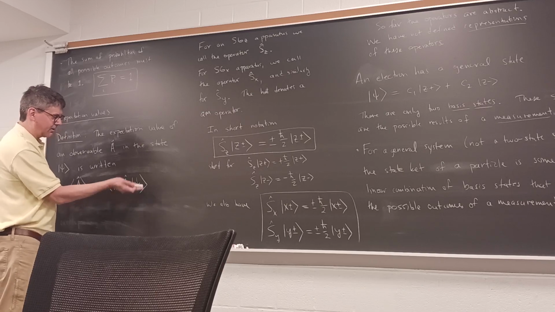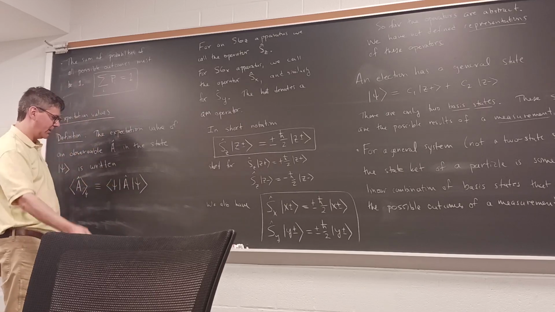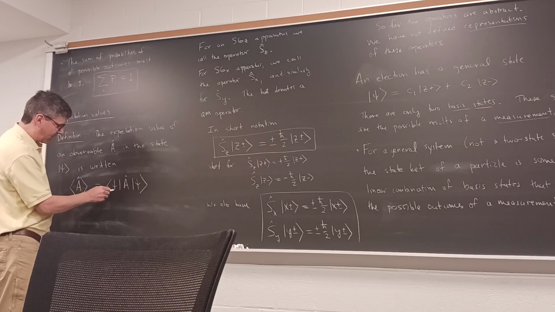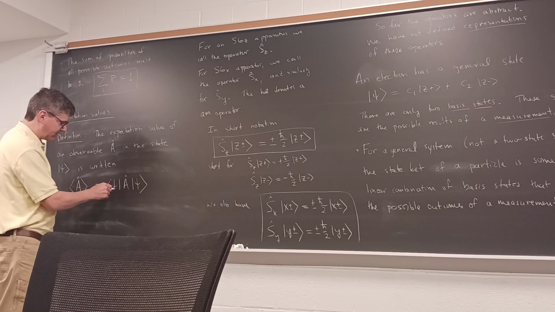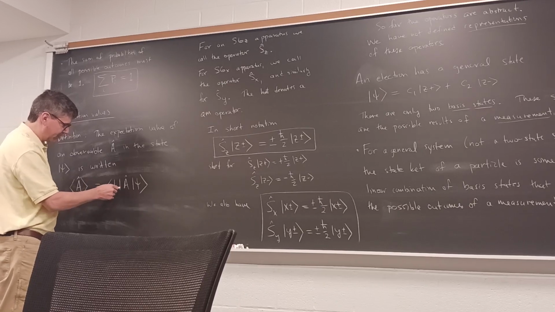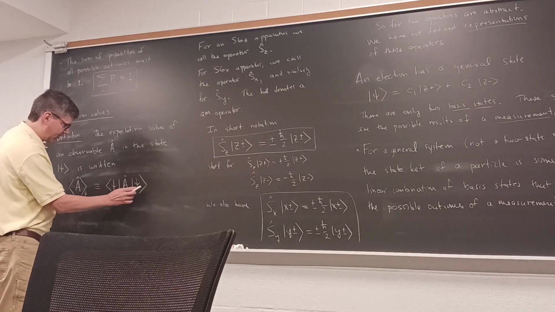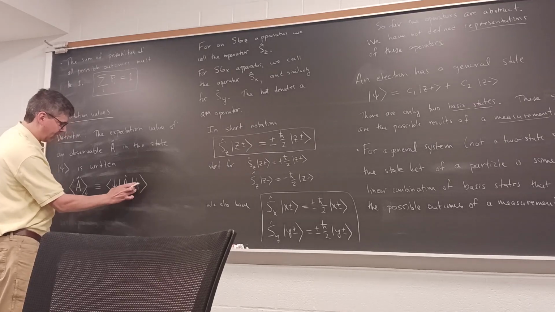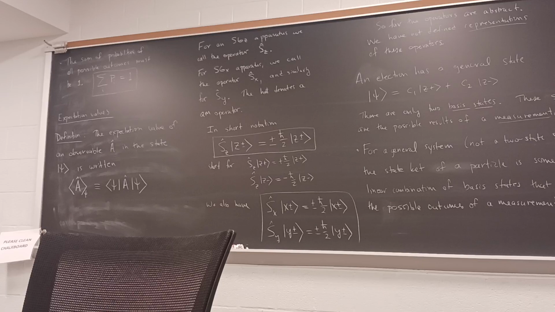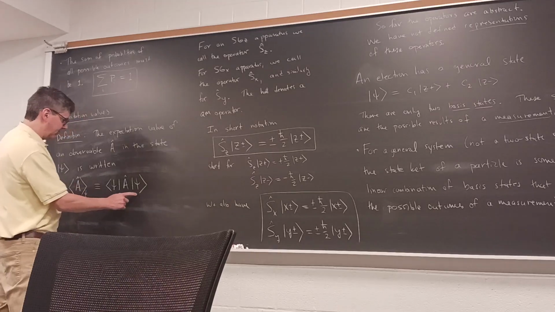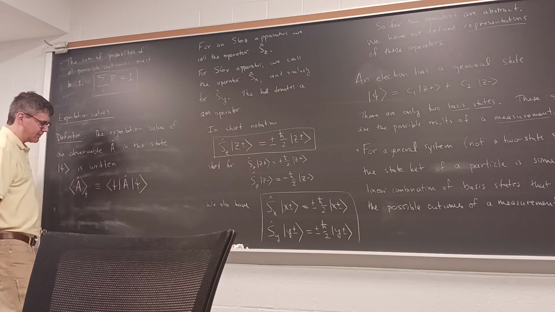If it's a vector, you can think of it being rotated or something like that. And then I take the inner product with psi after A operates on it. And that tells you how much overlap there is between the vector A operating on psi and psi itself. Okay, I'll talk about that more later, but that's what the expectation value is.